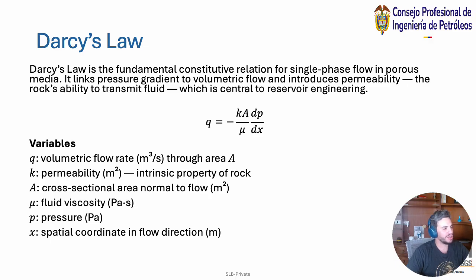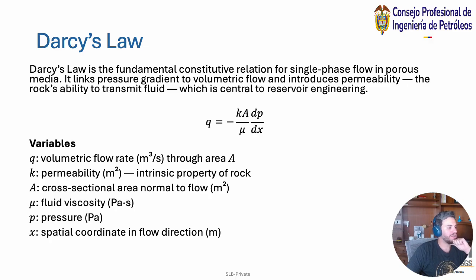The units honestly don't matter as much, but the more important thing to note is the dimensions, right? So volumetric flow rate is some volume over time through a given area A, which is length squared, and then you have permeability, which is in Darcys or millidarcys, and you have the fluid viscosity, which is some pressure times time, and pressure is pascals, you can think of it as some force over area.